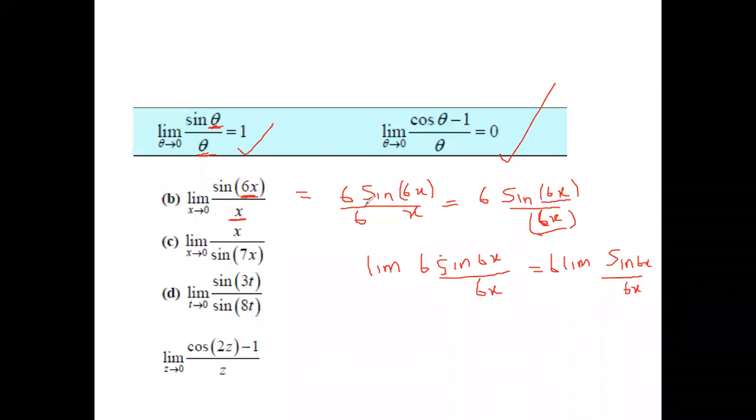And then per this rule here, sine of theta divided by theta, when we find the limit as x approaches 0, will always be equal to 1. So as x approaches 0, sine of 6x over 6x will be equal to 1. So this will be 6 times this whole thing, which per the rule is equal to 1. So the limit is equal to 6.